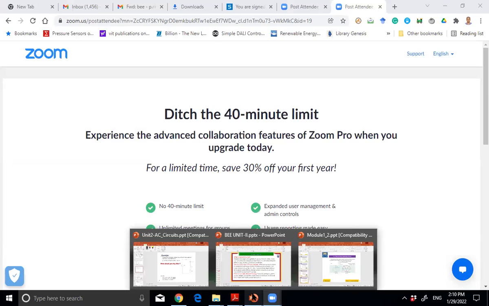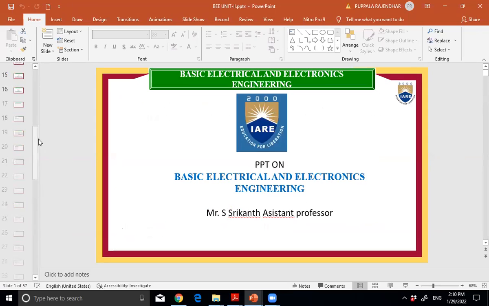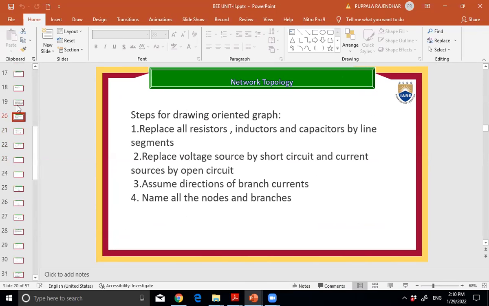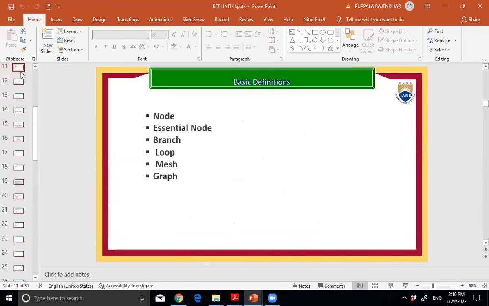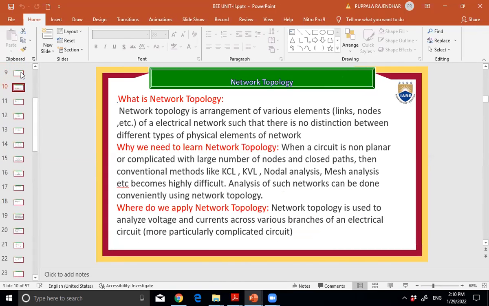Well, I will start with graph theory. Network topology or graph theory.